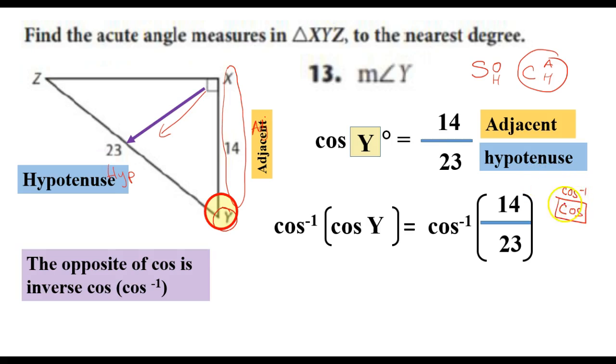You'll have to use your calculator to calculate that out, and ask your supervising teacher, tutor, math teacher, any one of our staff members, and we will help you find that on our graphing calculator. But you'll notice the cosines cancel out. I'm left with y equals, calculate it out, about 52.5. And you can round it if you want to the nearest degree, just like the directions say for those of you who read them. Yes, that would be about 53 degrees.